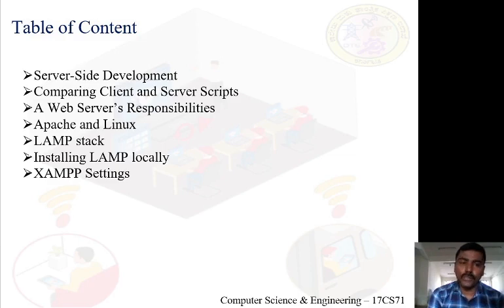Then how to configure our desktop to act as a web server. Finally, we'll see some XAMPP settings. In XAMPP, X stands for cross-platform, A stands for Apache, M stands for MySQL, P stands for PHP, and one more P stands for Perl.